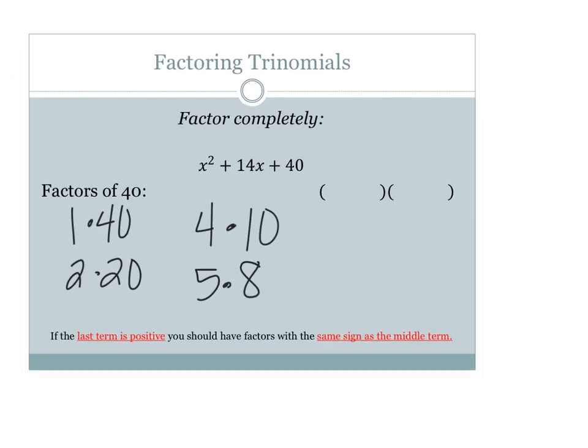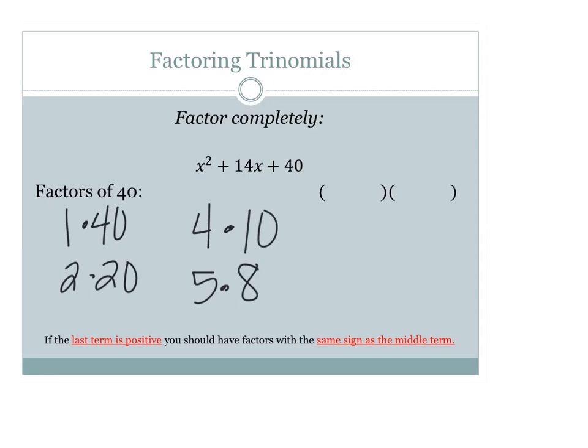So notice at the bottom of our screen it says if the last term is positive, I should have factors with the same sign as the middle term. Well, my middle term here is positive. So that means that we're going to have an x, an x. And because my middle term is positive, both of these should be positive.